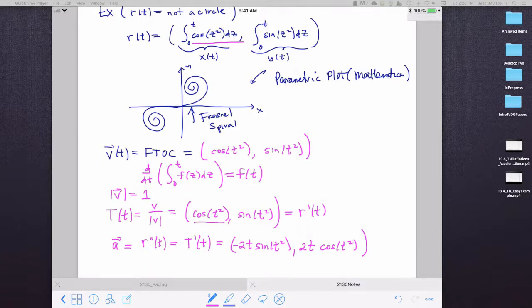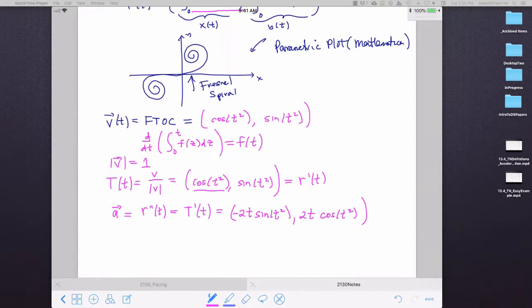And then when you take the magnitude of T prime, you'll get this times this, this times this, and you'll get 2t. 2t is the magnitude of T prime.